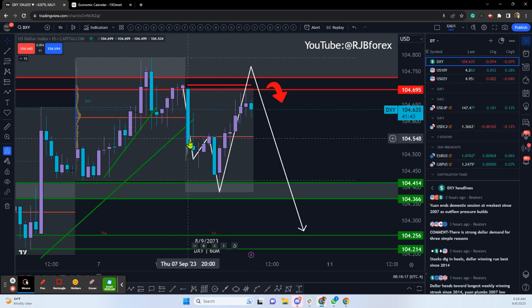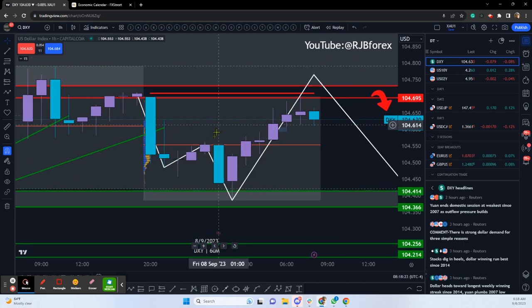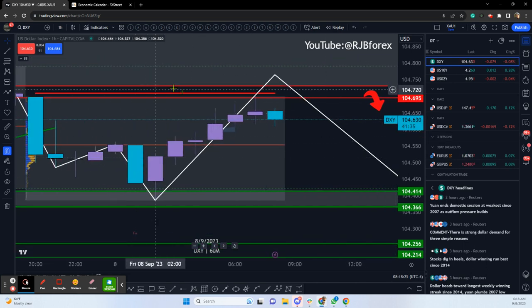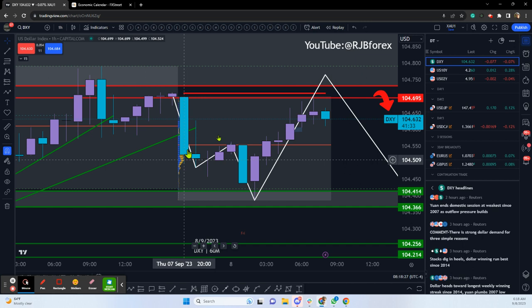So that's where the point of control is, okay? This volume profile, which you can't see because for some reason it's hidden behind the candles, but you get the picture. The highest volume node will be over here where the neckline is. So move up to come down.